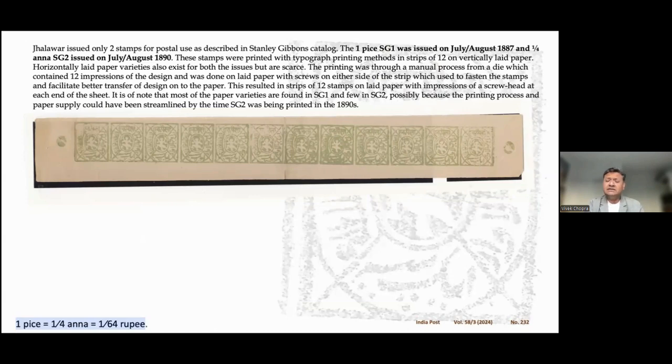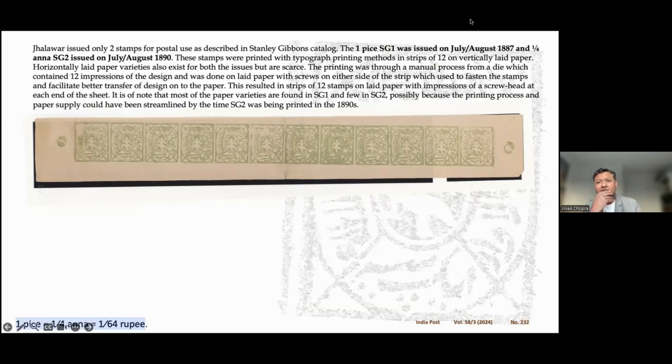So when I started to collect this state, I was like, okay, it's easy. They just issued two stamps, and how deep can one go into the philately of a state which only had two stamps at the end of the day, right?